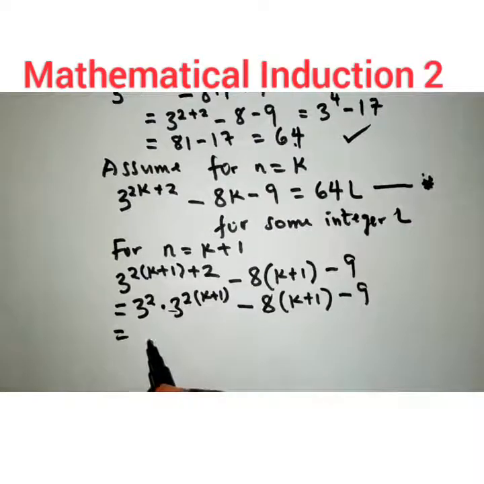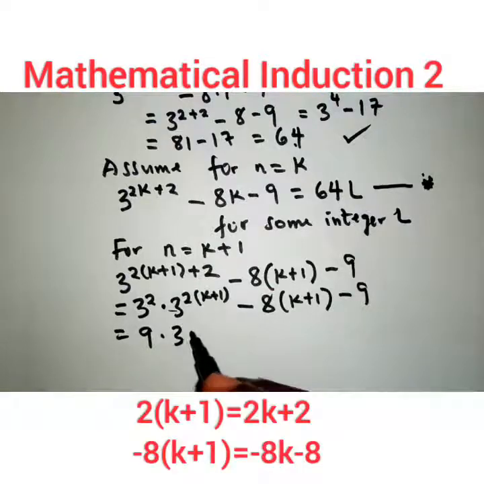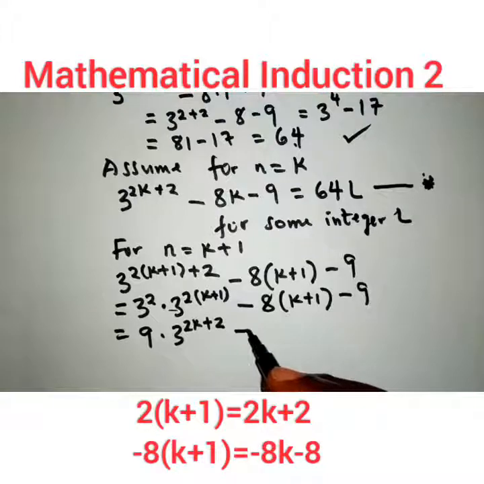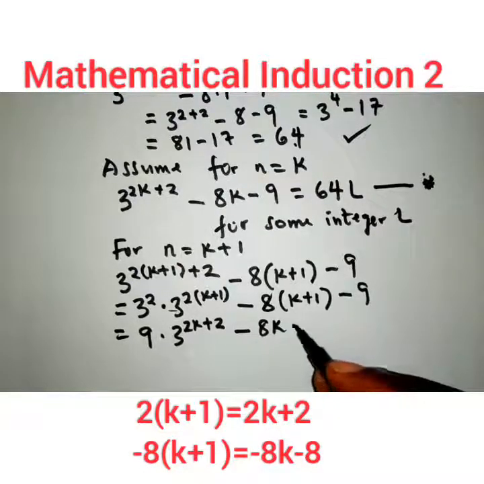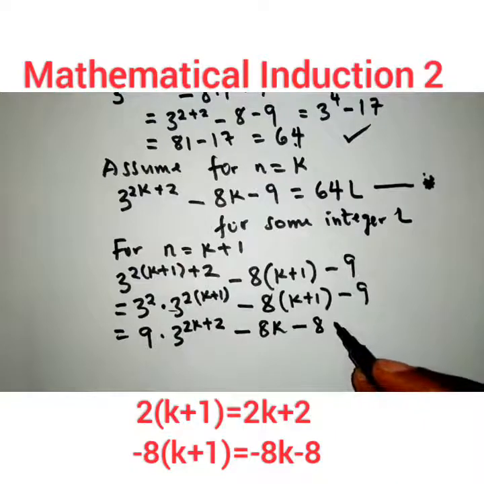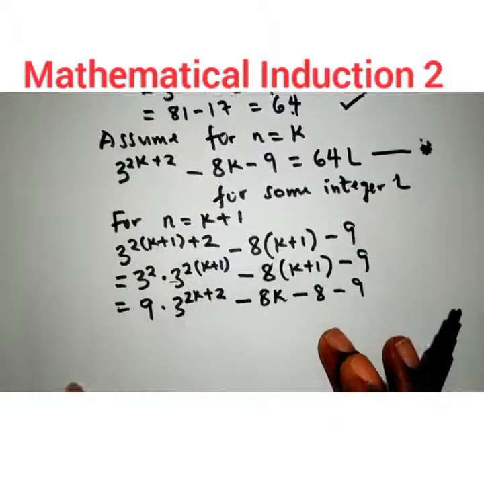And this gives us 9 times 3 raised to power 2k plus 2, minus, if we open this bracket, 8k minus 8 minus 9.